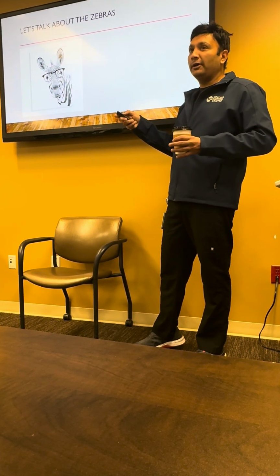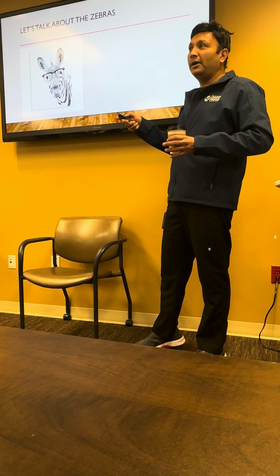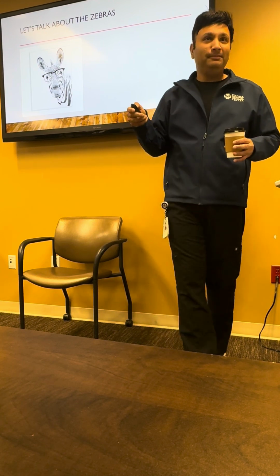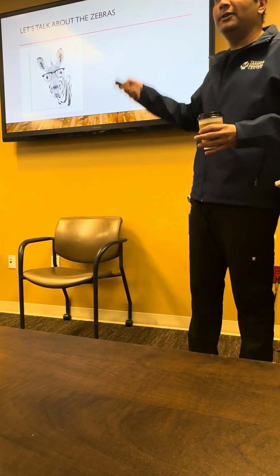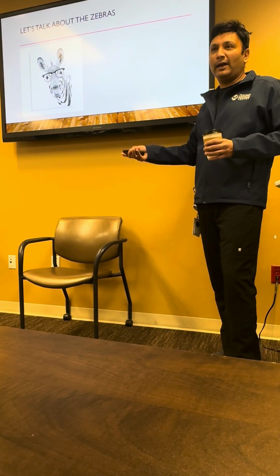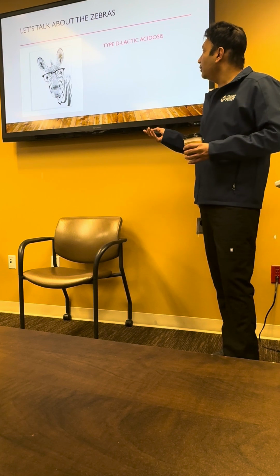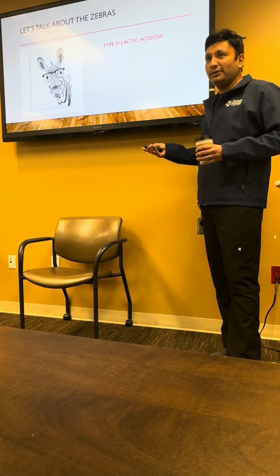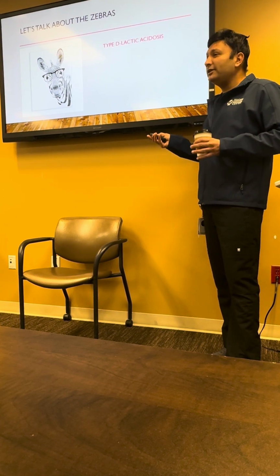Let's talk about some zebras. Who has heard about D-lactic acidosis? All the lactate we talked about is the L isomer of lactate, L-lactic acidosis. This is a different concept.